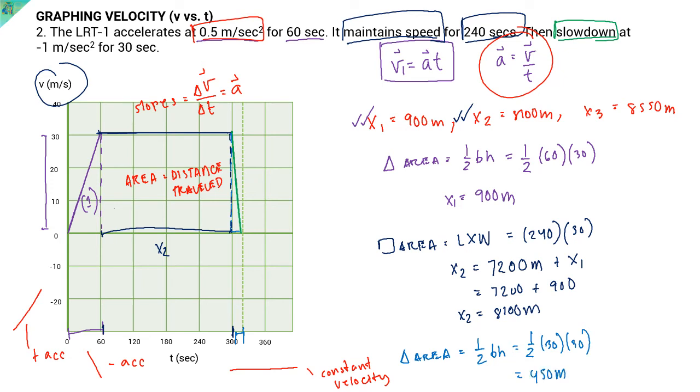Now, if you want to find out the duration from this point to this point, you're just going to add. So 450 plus 8,100, which is x2, plus 900, which is x1, you're going to have a value of 8,550 meters. And of course, that also matches our previous problem set. So that's how you do it. Any questions?